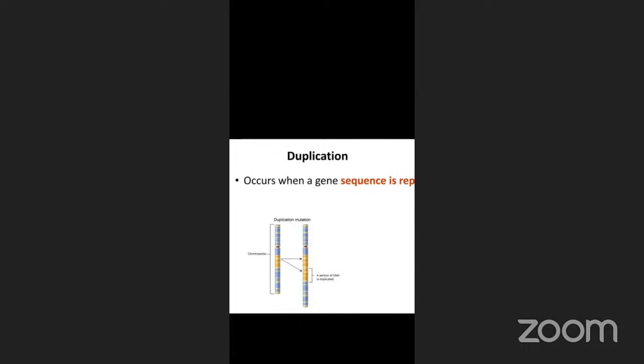So gene mutation in hemoglobin is the best example of a point mutation, as in sickle cell anemia in humans. Sickle cell anemia in humans is due to a base pair substitution resulting in abnormal hemoglobin.